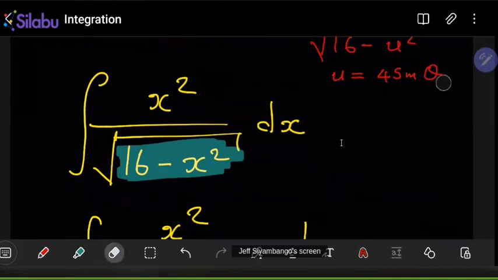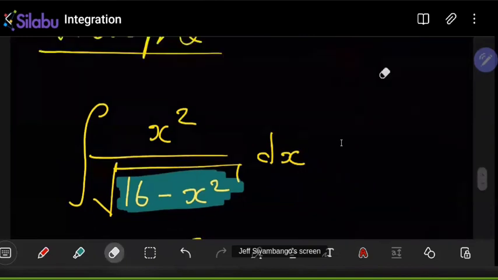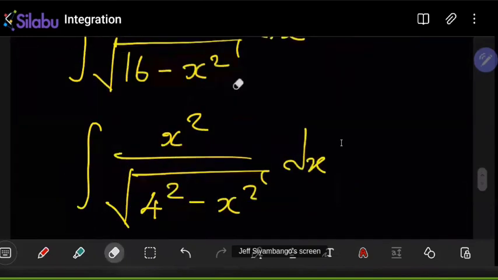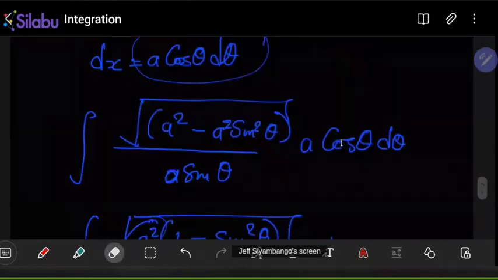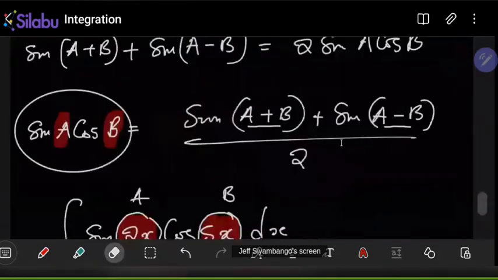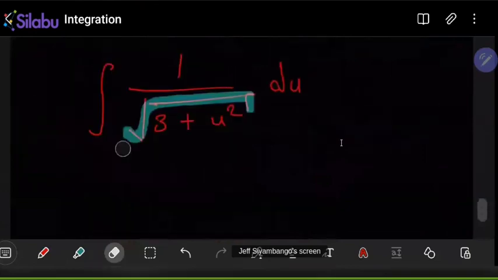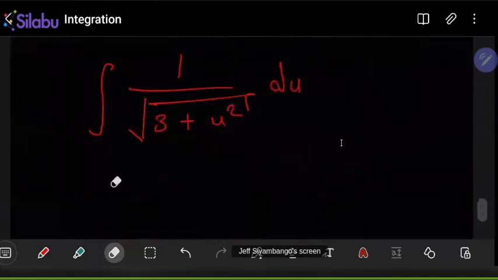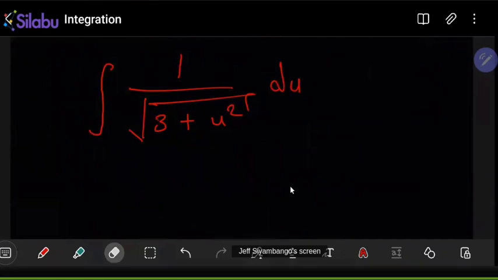Okay, so any questions there? I'll try to find an example that will actually work with either a sine or cosine substitution that you guys can try to work out from there, where you'd have to first complete the square before you go ahead and finish working out the question. But I think I can try to find one.